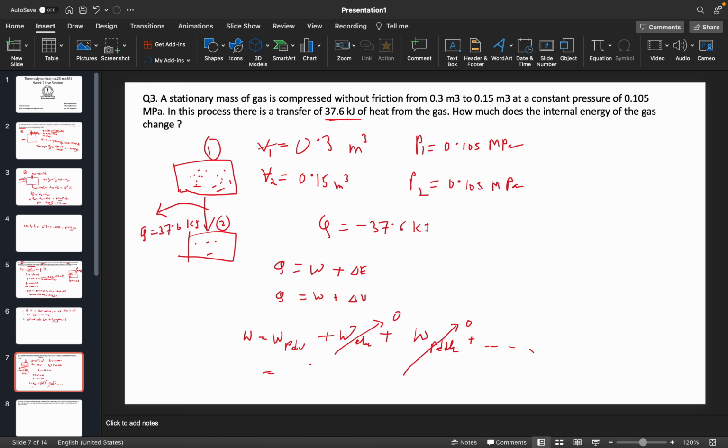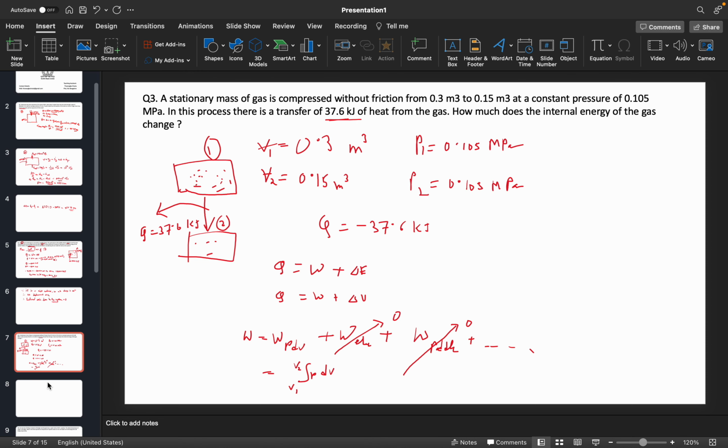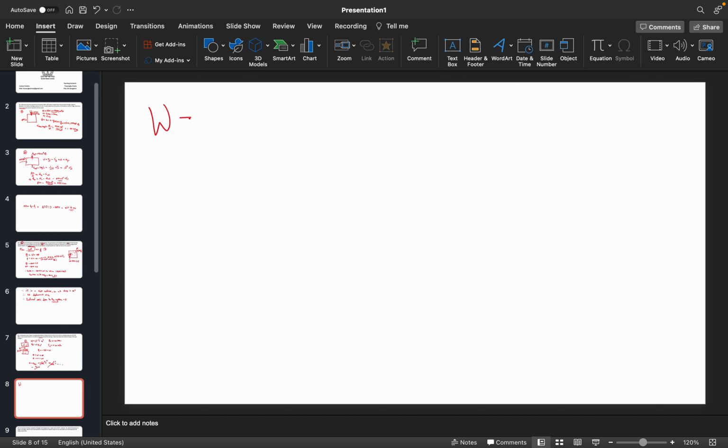So what we can do is integrate P dV from V1 to V2. W is equal to the integral of P, which is constant at 0.105, into dV, where V1 is 0.3 and V2 is 0.15. That means we can write 0.105 into V2 minus V1, into 0.15 minus 0.3.